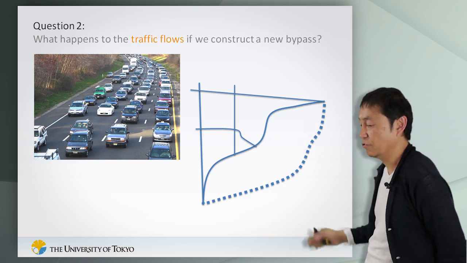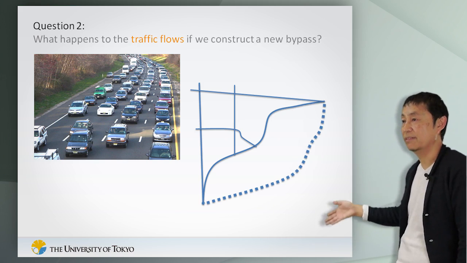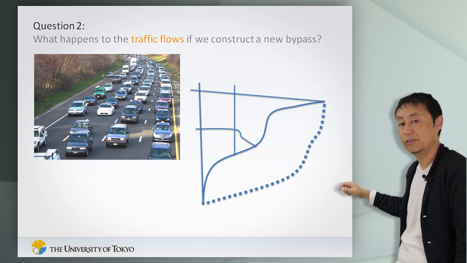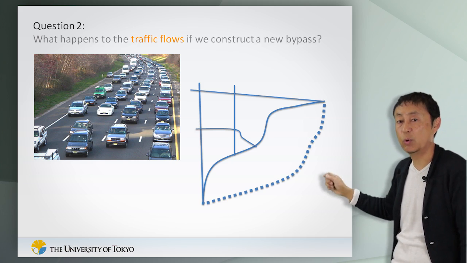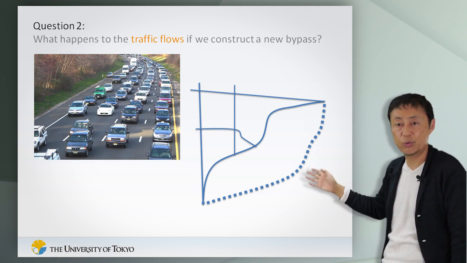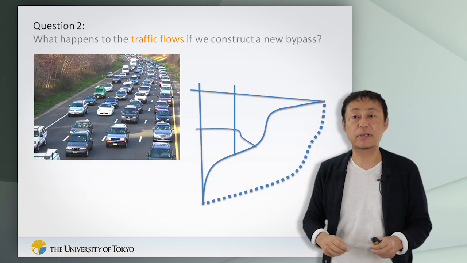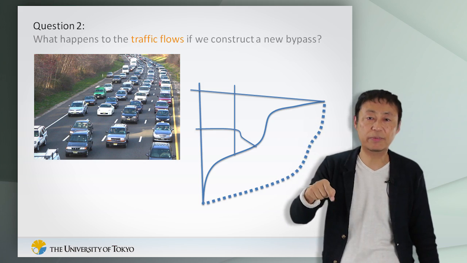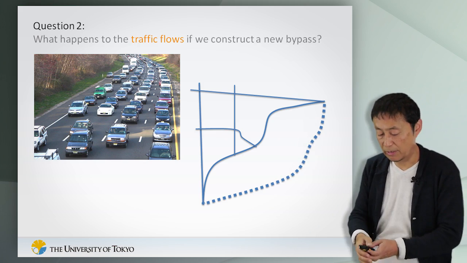Again, this is a strategic situation. Okay? If all the drivers jump to the new bypass, then this bypass is too crowded. And maybe you'd like to use the existing road. So what is best for you crucially depends on what other drivers do. This is a perfect example of a game theoretic or strategic situation. Again, you formulate this social problem as a mathematical model of a game, and then you apply the basic solution concept, and then you get the answer. Well, I'm going to tell you the answer by the end of this week.